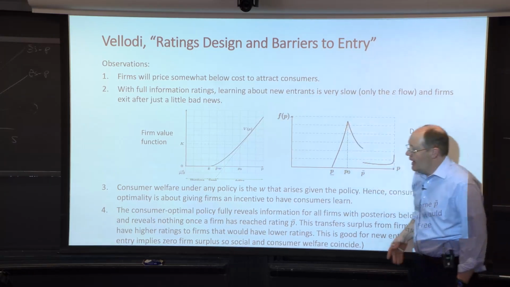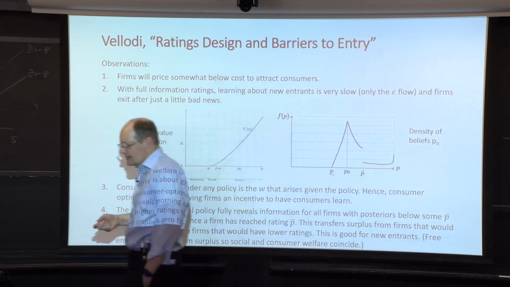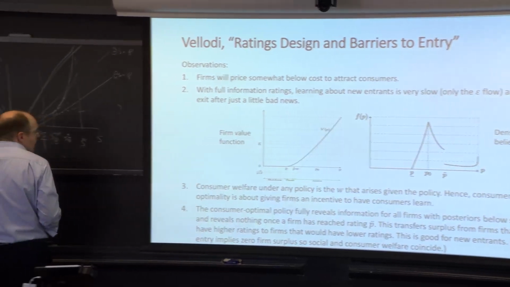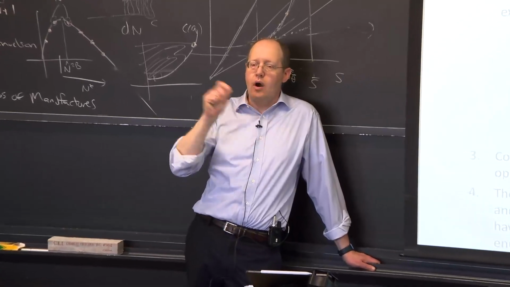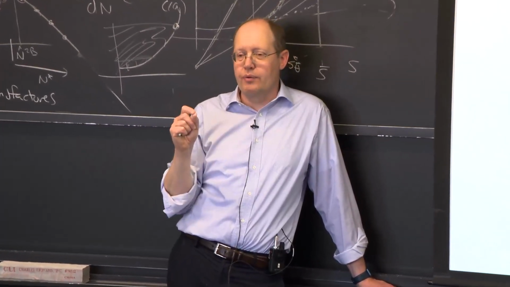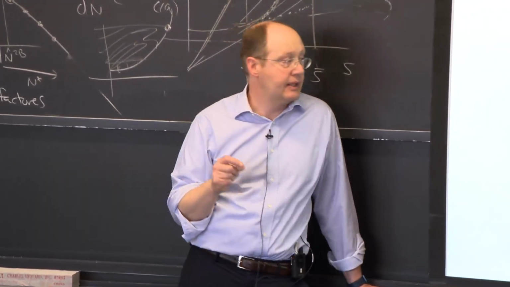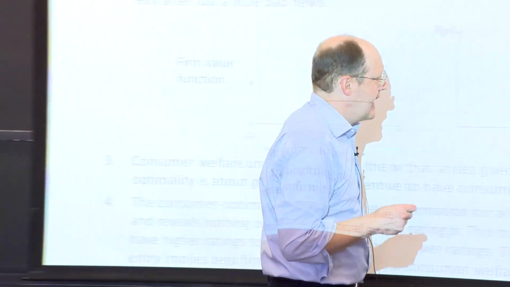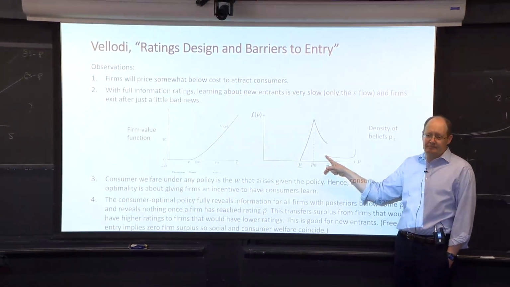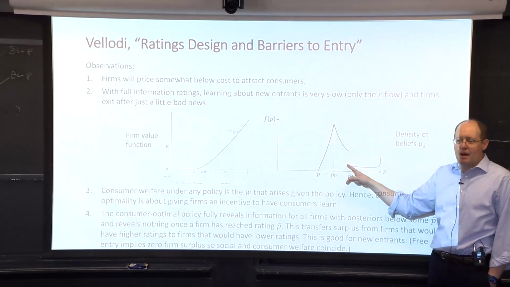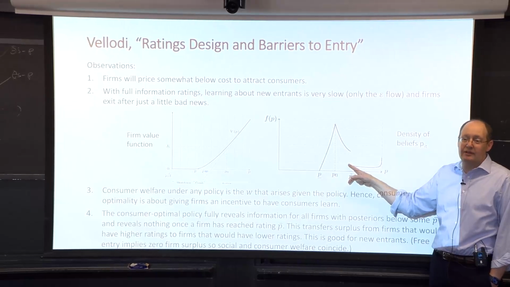It turns out that the answer is that you want a partially revealing policy where you don't publish all the reviews about high quality firms. In some sense, as soon as a firm's posterior passes P tilde, you want to stop publishing any reviews about them whatsoever.